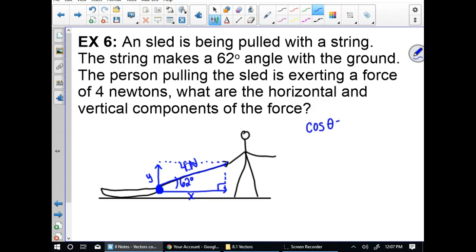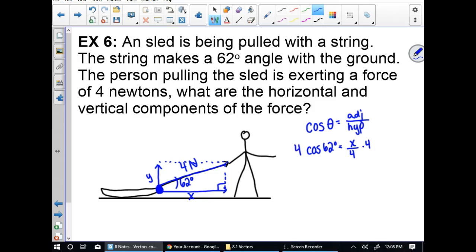Because cosine theta is adjacent over hypotenuse. So we would have cosine of our angle, 62 degrees, equals the adjacent, which is our X, over the hypotenuse, which is 4. To solve that, we just multiply both sides by 4.